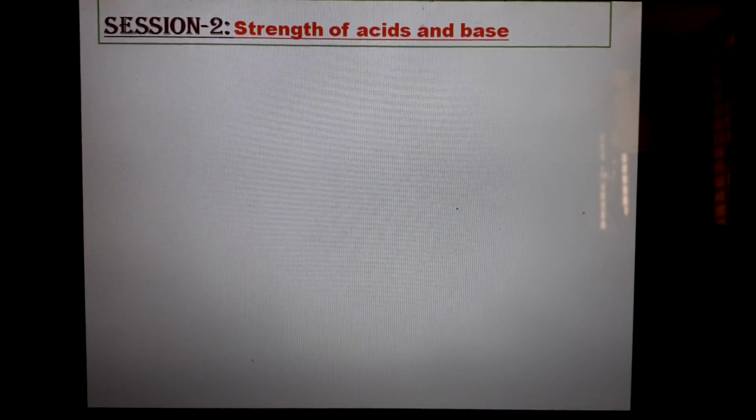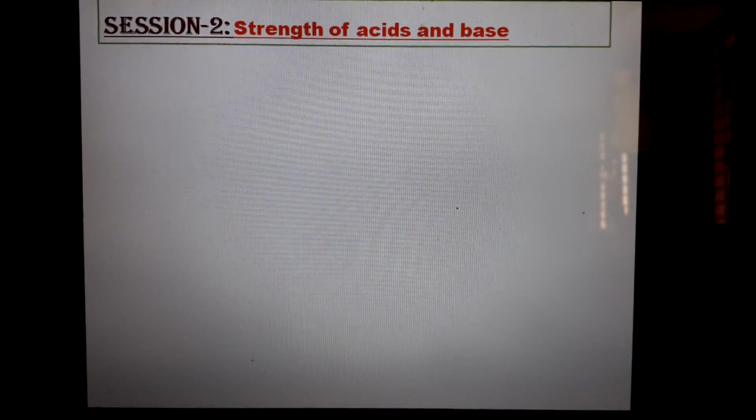Normally we know the strength of acids and bases in terms of which is a strong acid, which is a strong base, which is a weak acid and which is a weak base.